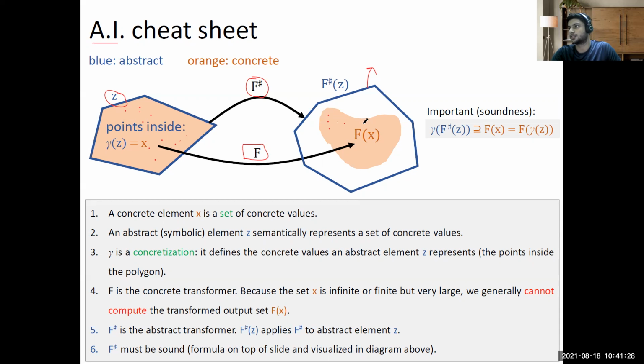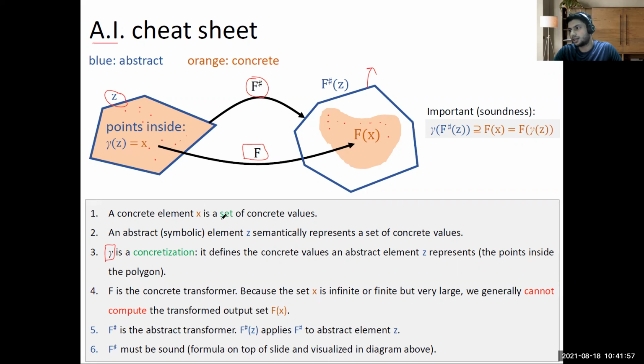There are a few important terms, like abstraction, which you know, and the other thing is concretization, which is the exact reverse. Concretization means getting every point inside some region, and this is denoted by this symbol.